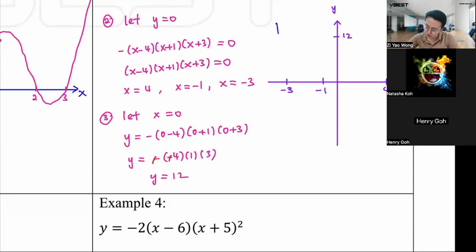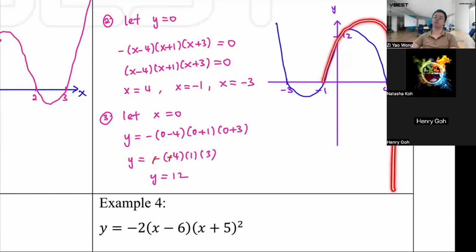But don't draw it too round like that; that's the wrong thing. Something like this is better. Don't draw a circle and then come down again. You cannot do that. Make sure the graph you draw passes through all the intercepts you write.